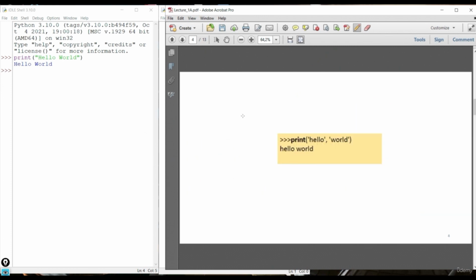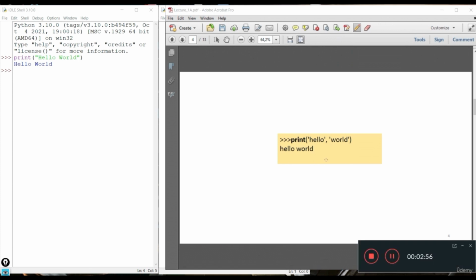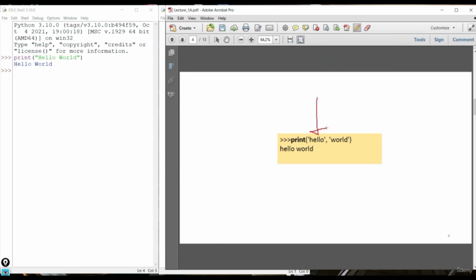Okay, let's see other examples. In this example, as you see, we use two words separated by comma, and if we execute this command, we see that hello world is displayed.